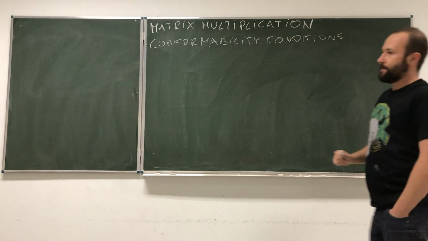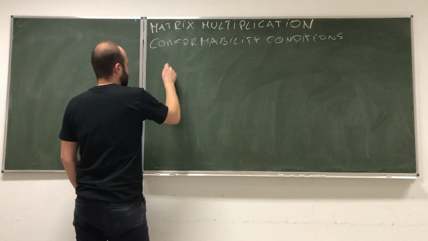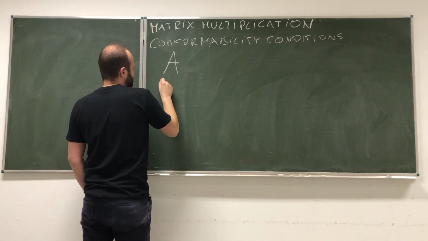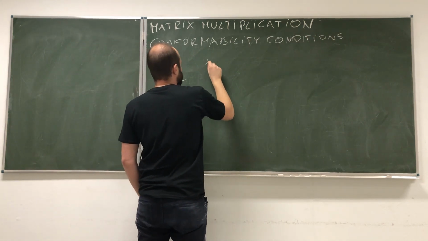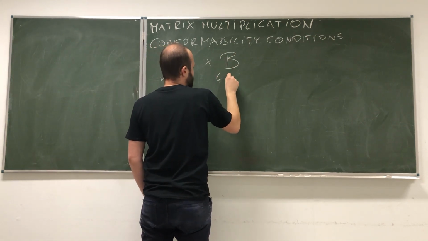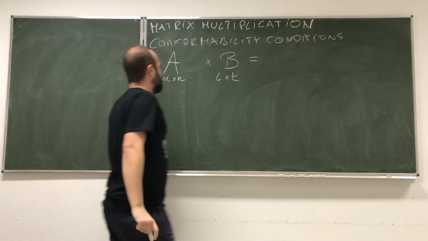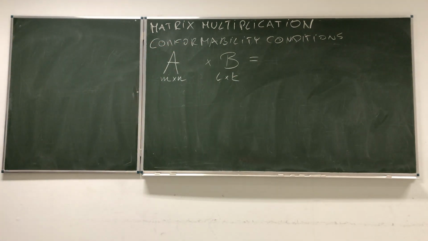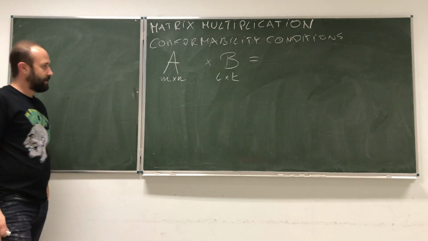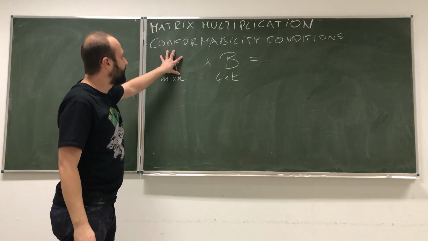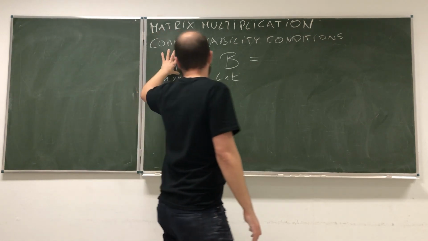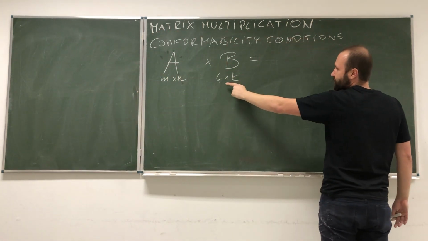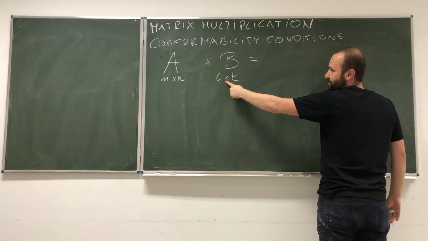So look. If we have two matrices, and this is M by N, and the second is L by K. Now look, we will be able to multiply those matrices if and only if the number of columns in the leading matrix, matrix A, is exactly the same as the number of rows in the second, lagging matrix.